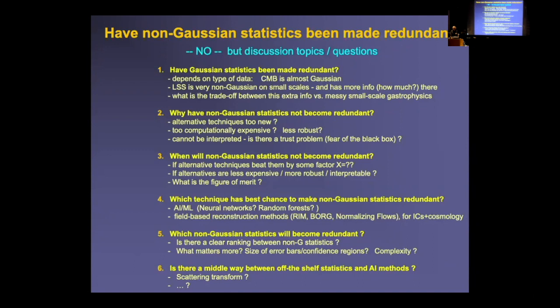I can talk about it because I'm doing that. For me, field-based reconstruction is much more than just replacing non-Gaussian statistics, because I see it as one of the most robust ways. If you are getting information at the full field level, then that's the best you can do, right?